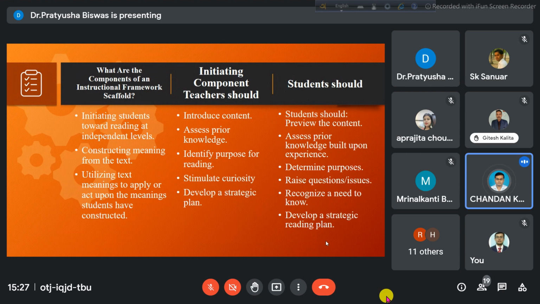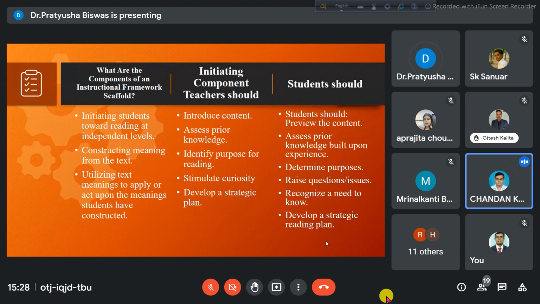And third, identify purpose for reading: why we are going to read the topic, then identify the actual purpose of this matter.